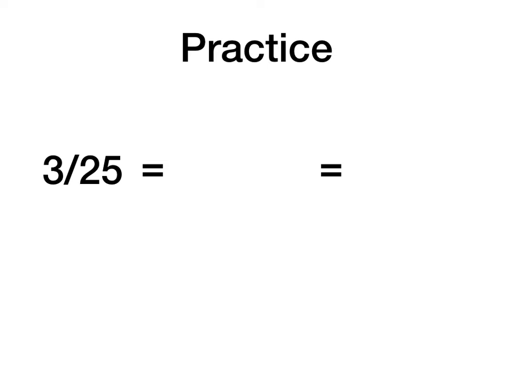So if you have 3 over 25, what goes through my head is I start with the denominator, which is 25, the number at the bottom, and I say, well, I know what I've got, 25, and I want to get to 100. In order for me to get from 25 to 100, I know that I need to multiply by 4. And also, whatever I do on the bottom, I have to do to the top. So if I multiply by 4 on the bottom, 4 times 25 equals 100, I also have to multiply by 4 on the top. And 4 times 3 is 12.